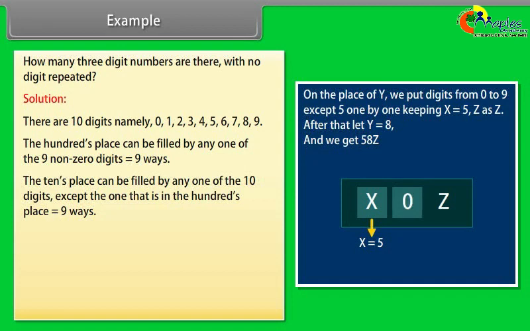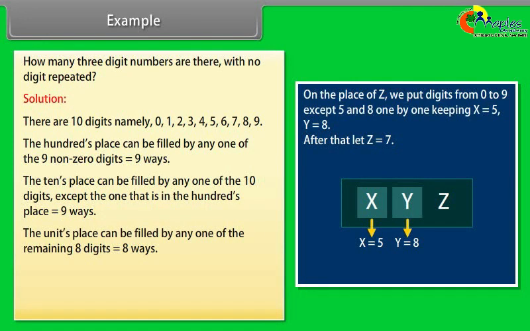The tens place can be filled by any one of the 10 digits except the one that is in the hundreds place, which is 9 ways. The units place can be filled by any one of the remaining 8 digits, which is 8 ways.